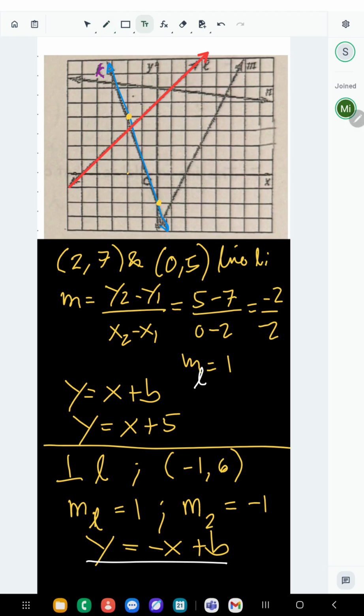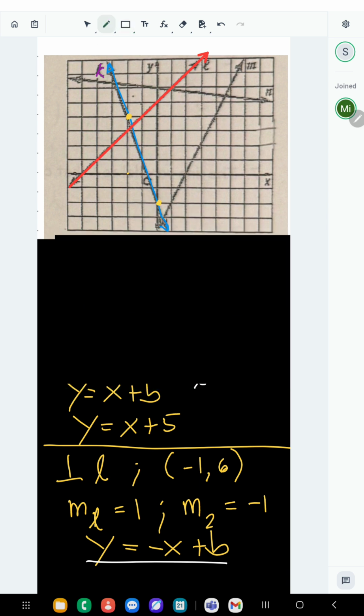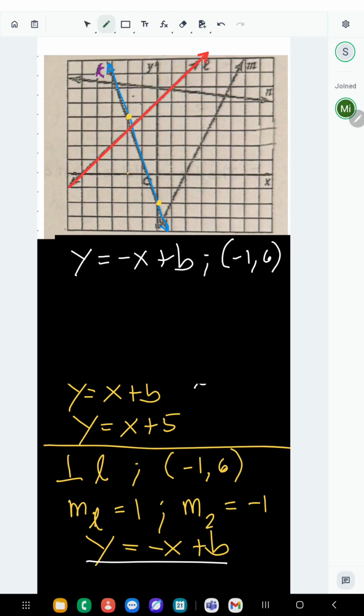So can I delete this? This one, the first, what's this? Okay, this one. Okay, now the equation of the second line is y equals negative x plus b. But we're given this point, negative 1, 6. We can use that point to solve for b, the y-intercept.